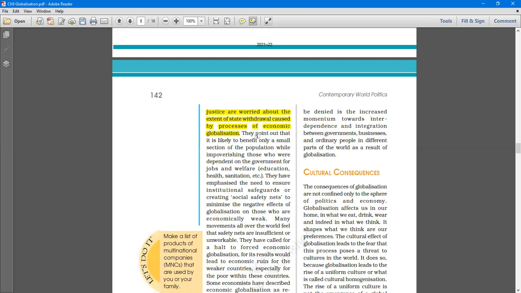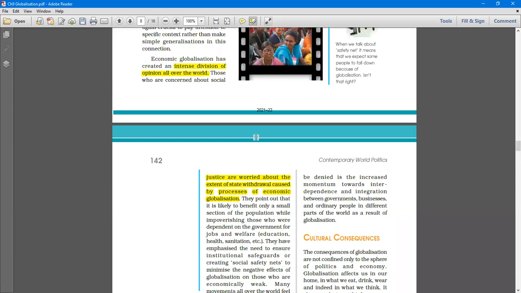So there are supporters of globalization, and there are people who are not in support of it. What they usually say is that with globalization, social justice has become a major problem, because now everything is left on the shoulder of the market, and the market is creating a gap between the rich and the poor, and that is a matter of concern, okay? So with the process of economic globalization, social justice is a worry, because now the state is trying to liberalize everything, so everything is left on the shoulder of the market, okay?